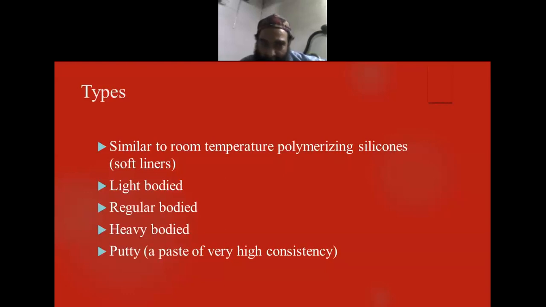The silicones, these are soft liners. Then light bodied, regular bodied, heavy bodied, putty, zero, paste of very high consistency, all have been described earlier in this chapter.